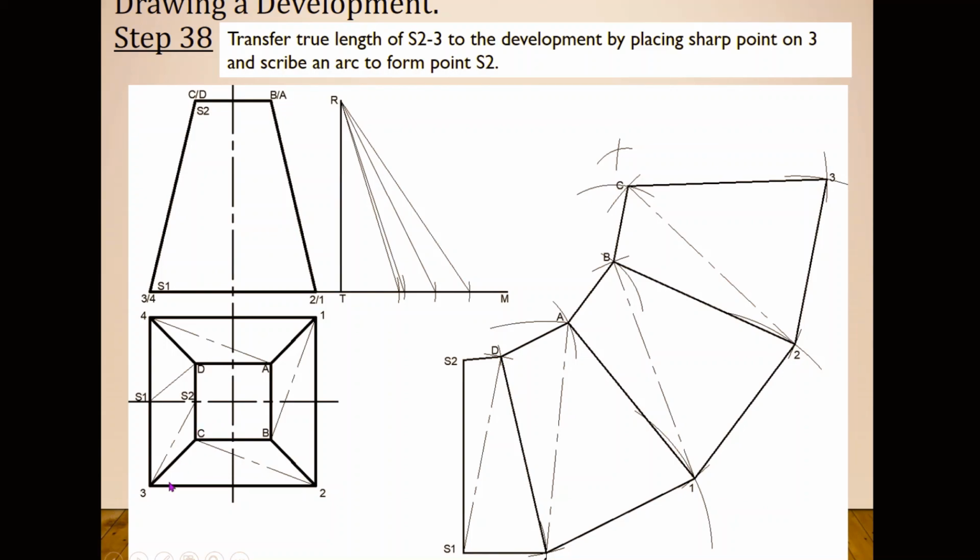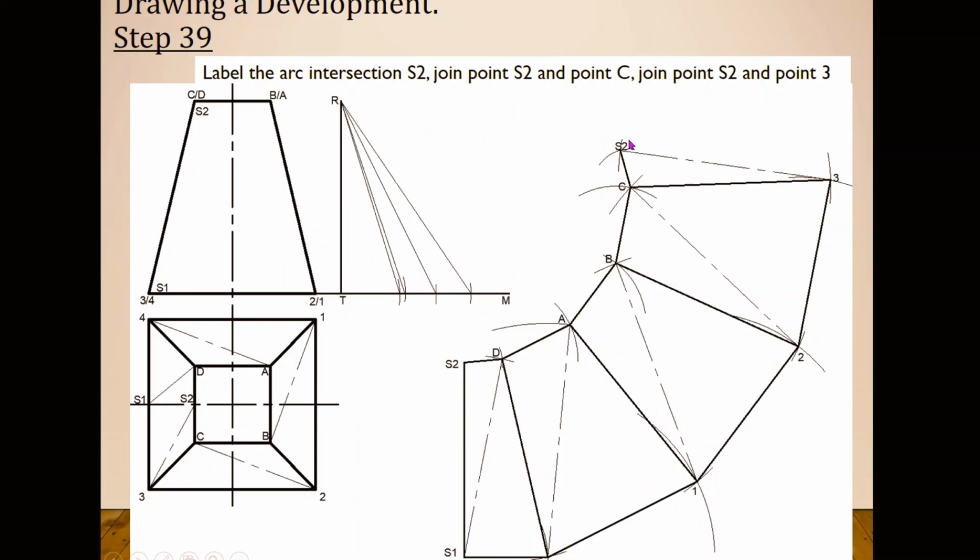Now we're going to take the measurement for 3 to C2. From 3 to C2, it will be this line. You measure it using a pair of compass, you place your lead there, you place your sharp point there, and you scribe an arc. Then point S2 will be established.